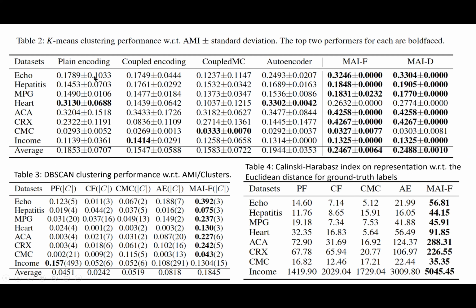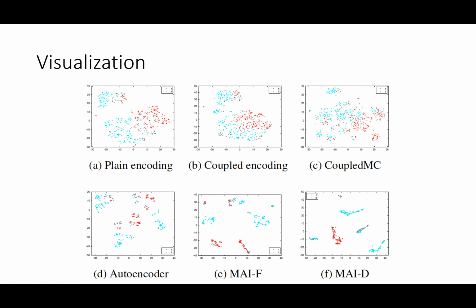If we just use plain encoding or couple encoding, compared with autoencoder, in the feature space or in the distance space, with k-means or DBSCAN incorporated, you can see some interesting improvement, and sometimes the improvement could be quite significant compared with existing ways.